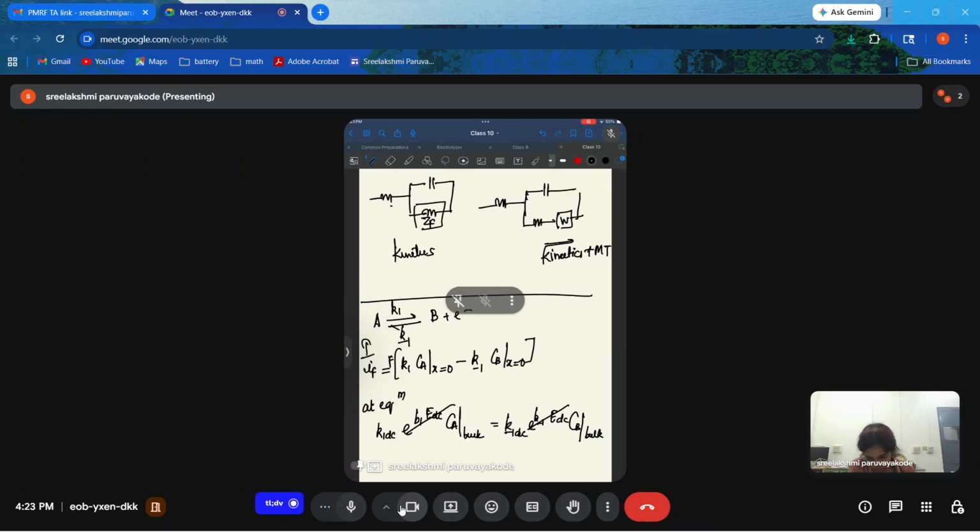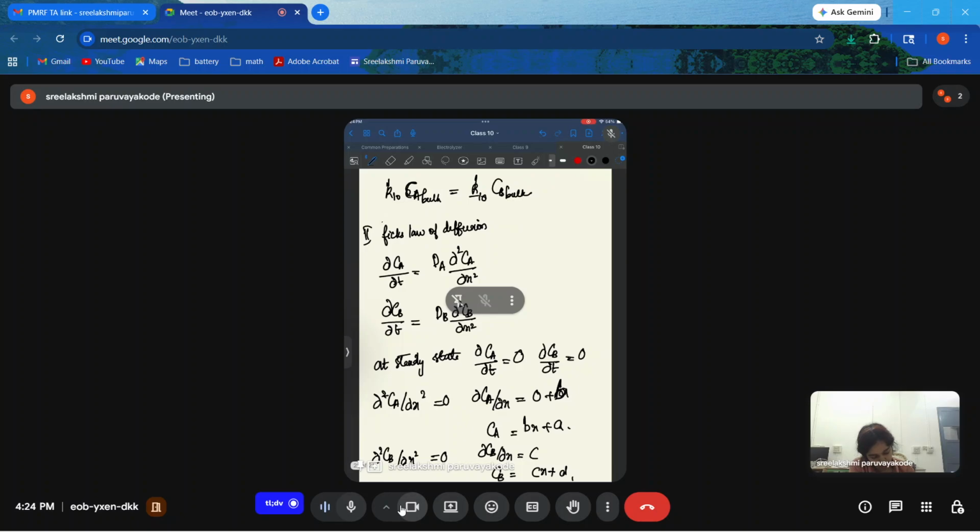So again, IF can be nothing but F into K1 naught exponential B1 EDC CA at x equal to 0 and at some time T, minus K minus 1 naught exponential B minus 1 EDC CB at x equal to 0 comma T. Right? This is the expression for current. Now we also got the expressions for CA and CB.